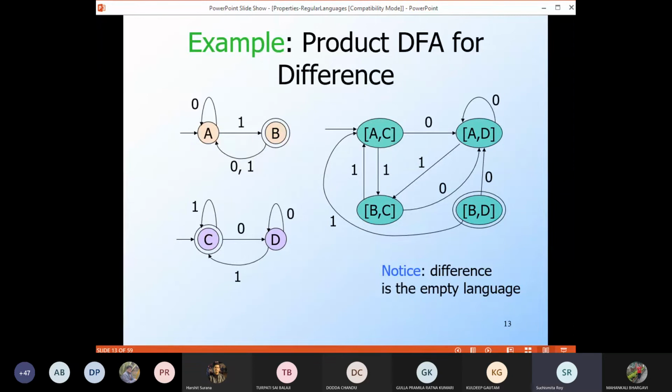What are the possible strings? Can you think of any possible strings which will belong in M minus L? One will not belong. If you start from the start state and you accept one, you will end up in BC, not in AC. You have to end up in AC, which is the accepting state.